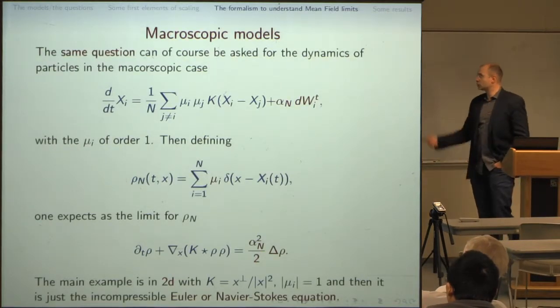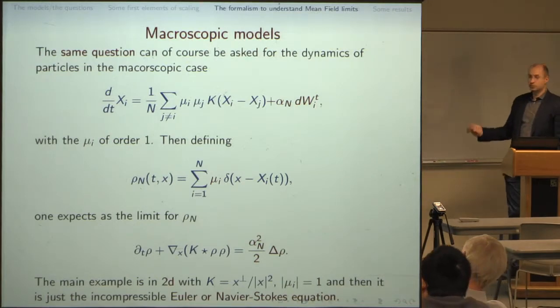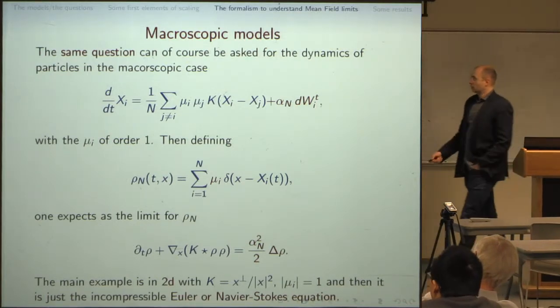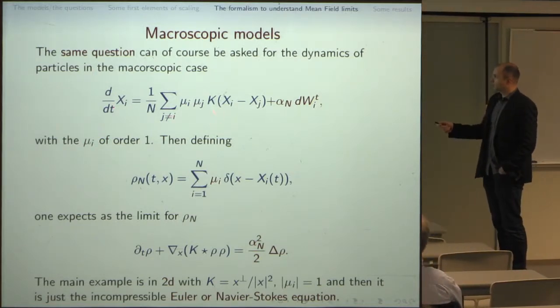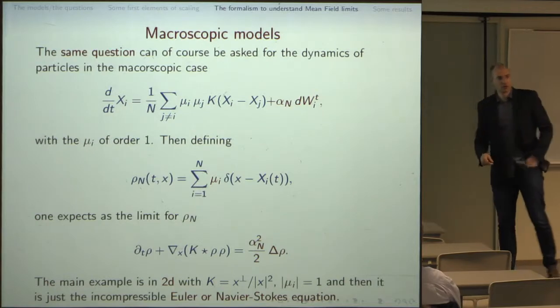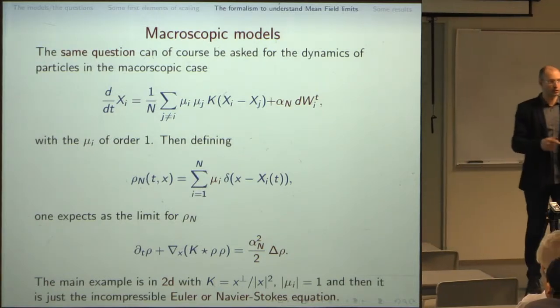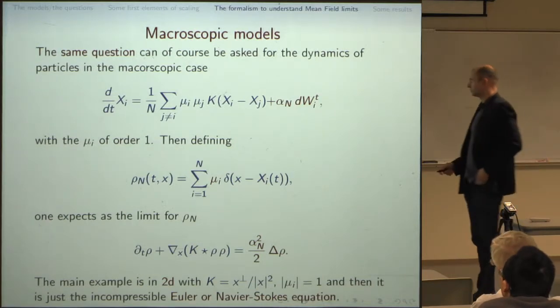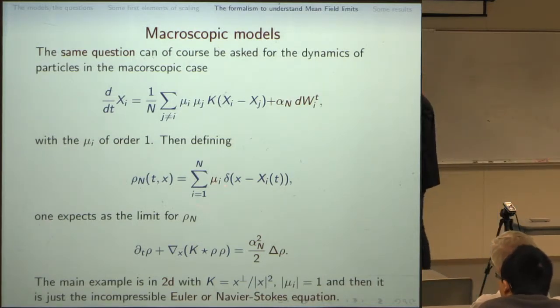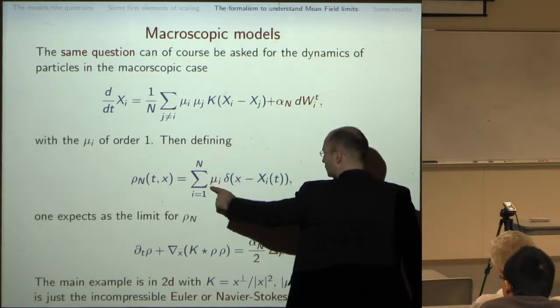Okay, so let me show the same for macroscopic models. Now it's the same trick, right? So you have something like that. Here I have a small dependence on each guy, essentially because I want to allow those to be +1 or -1. So I want to allow a mixture of guys that are attracting each other and guys that are repulsing each other at the same time. And now there's a small trick that I actually introduced, and there's a 1 over n missing here, sorry.